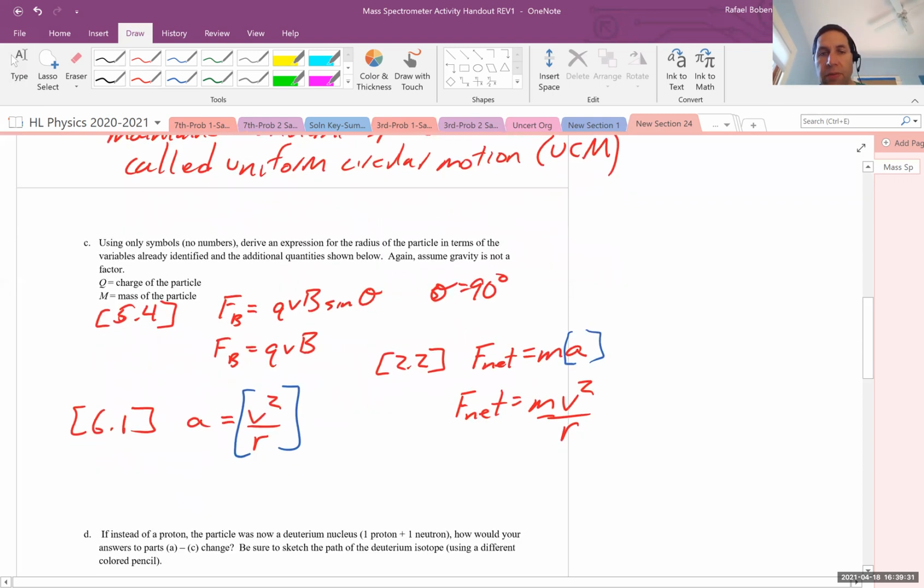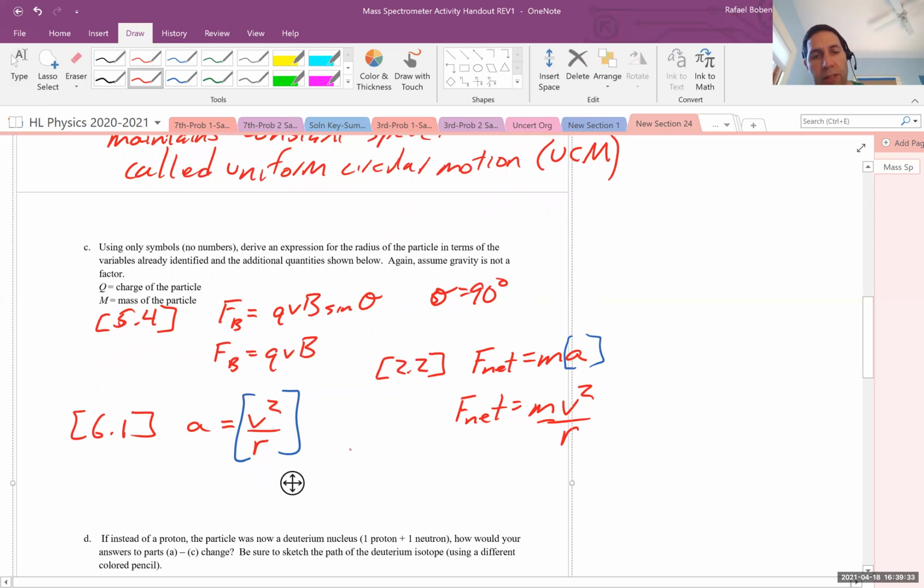And we already established the fact that the net force is equal to the magnetic force because the magnetic force is the only force acting on the particle. So we can say that F sub B equals F net. Therefore, F sub B equals mv squared over r, but we already know that the magnetic force is equal to QVB.